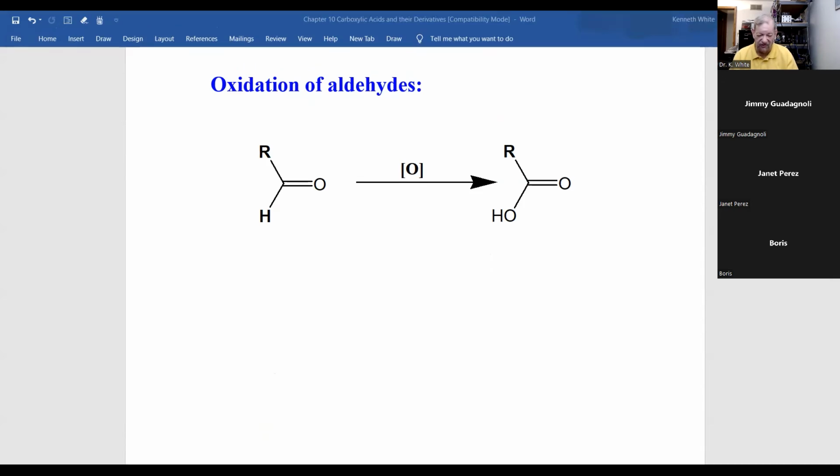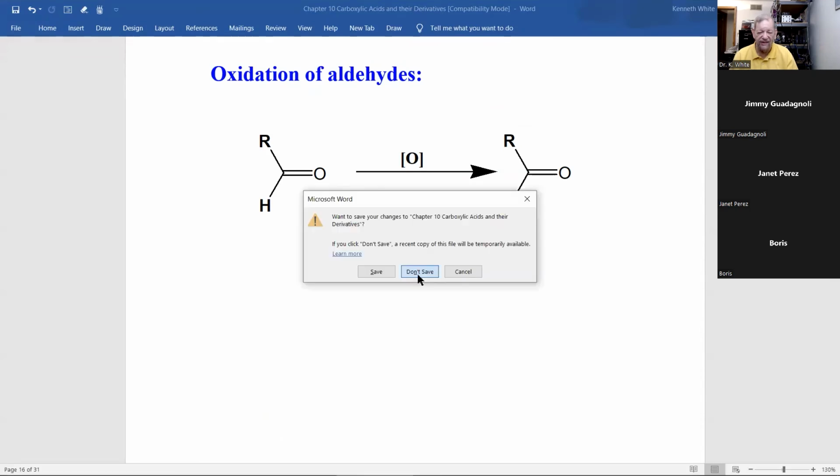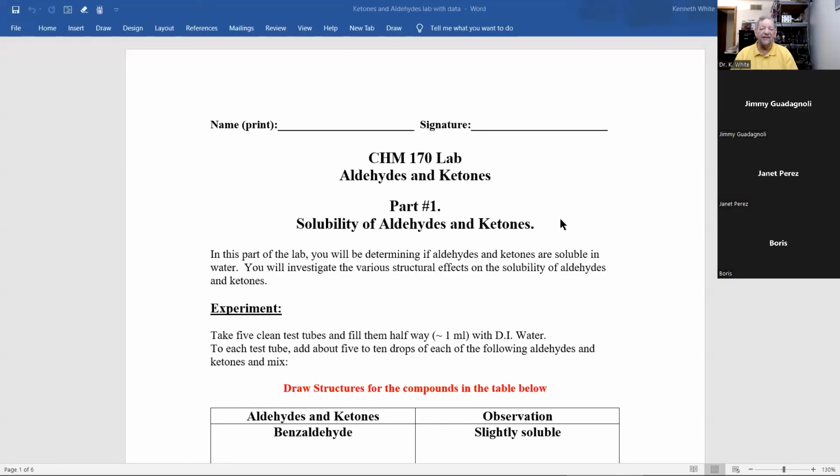Let me close this first. And since I messed up earlier, does everybody see the Aldehydes and Ketones Lab on the screen?